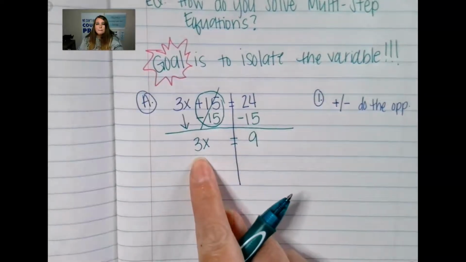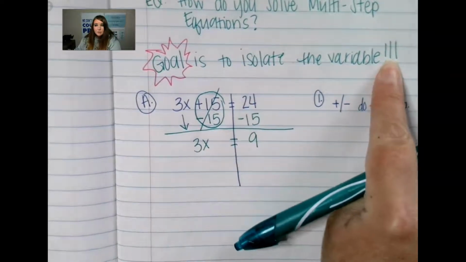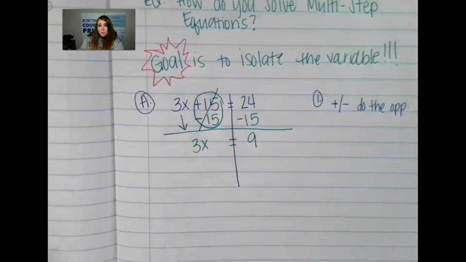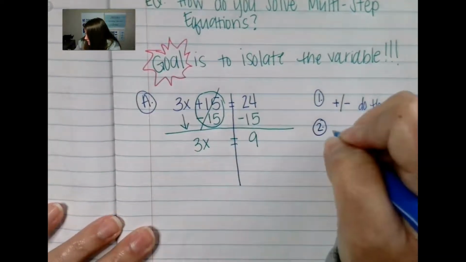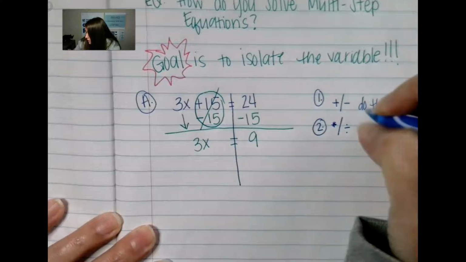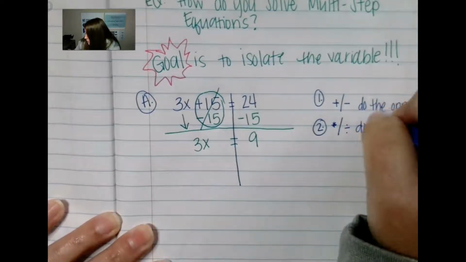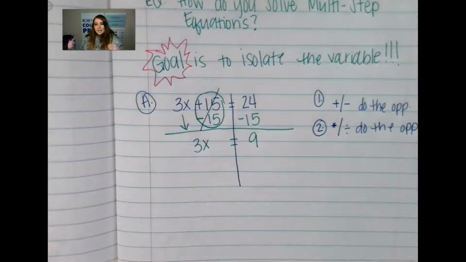X is not by itself. I have not isolated the variable, so I have one more step to do. My next step is either going to be multiplication or division. I need to do the opposite so that I can get the variable by itself.